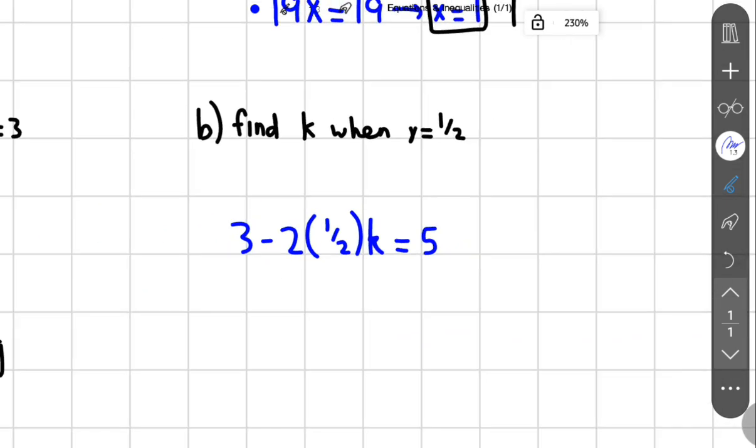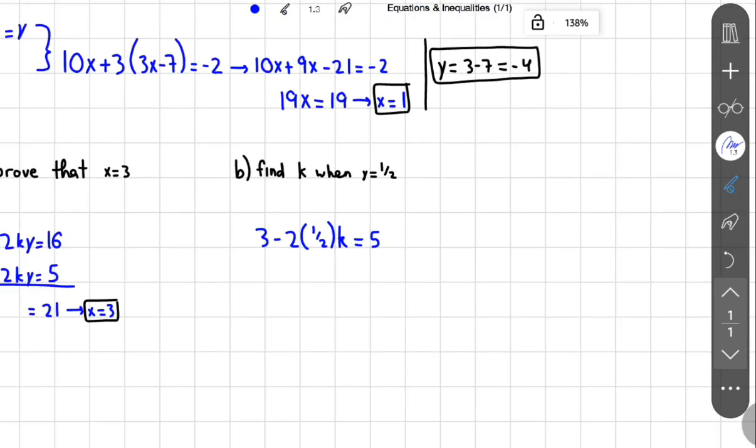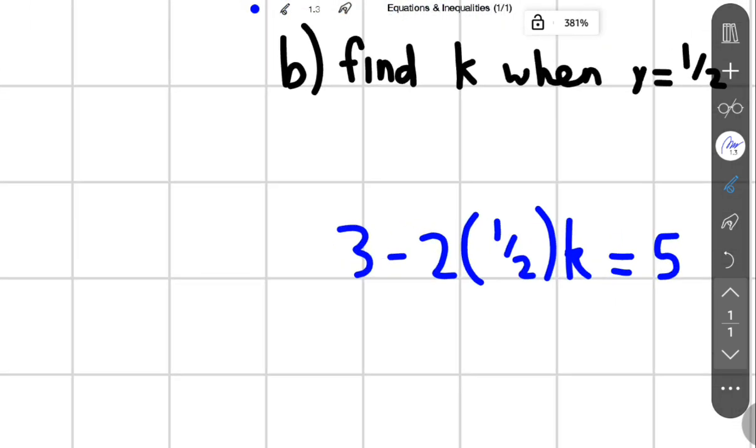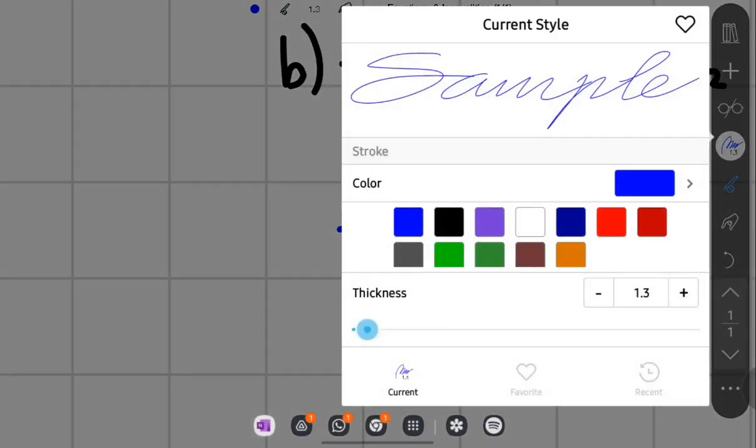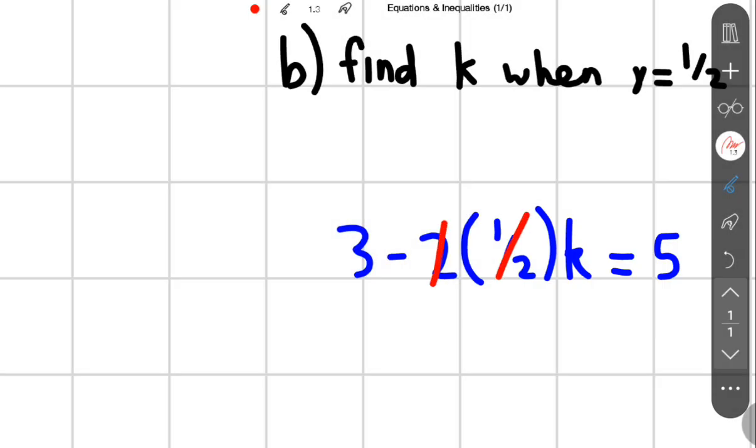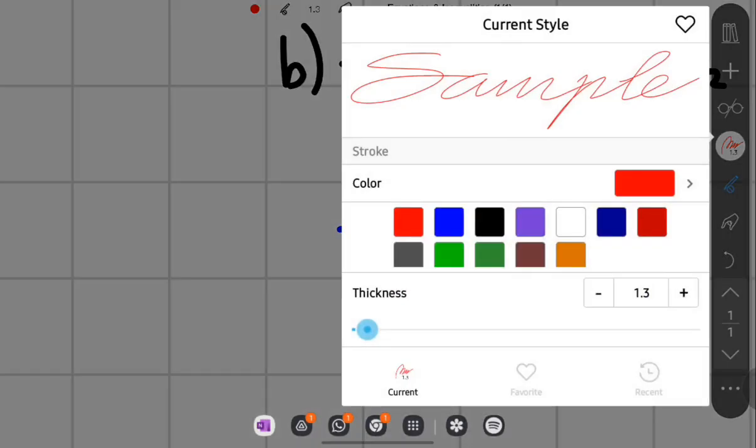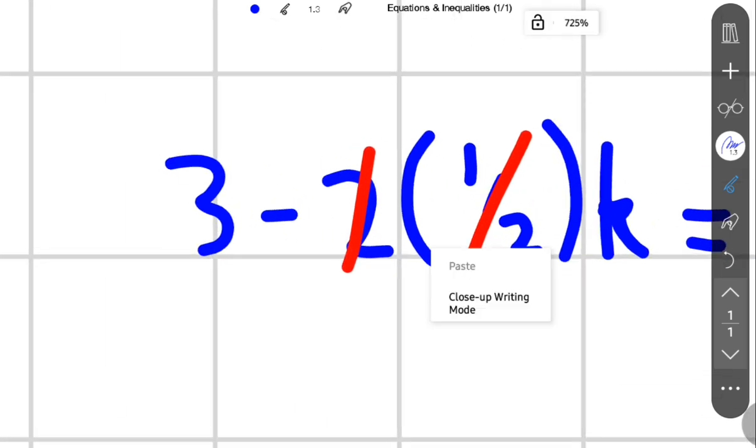The 2 and the half will cancel out either way, so we're left with 3 minus k equals 5. So in the end, k equals 8.